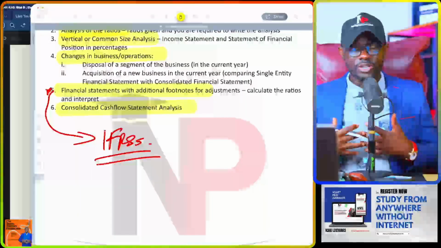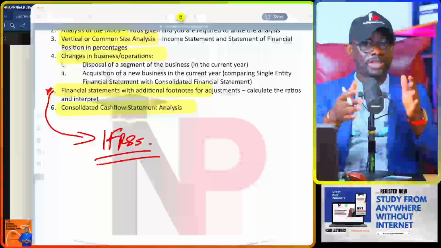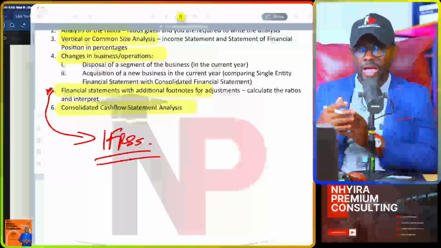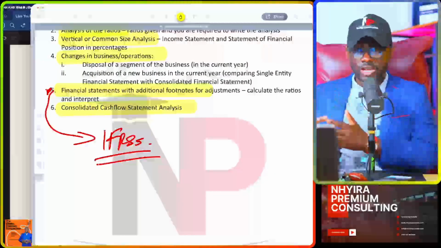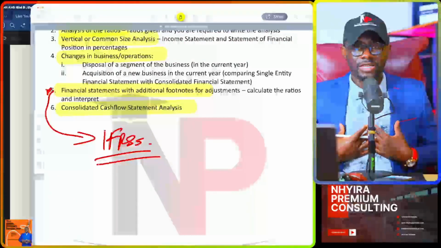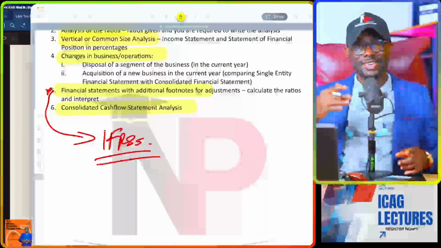Now, in corporate reporting, in the consolidated financial statement, you're going to be doing consolidated cash flow. But then, as part of question 5, we could be asked to perform a consolidated cash flow analysis. So here, we're not going to be preparing the consolidated cash flow. It will be prepared for us, and we need to analyze the cash flow.